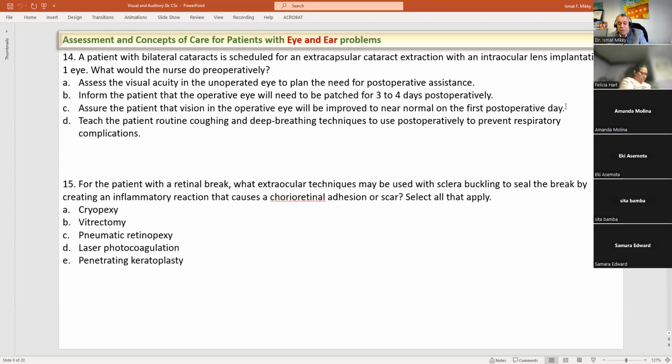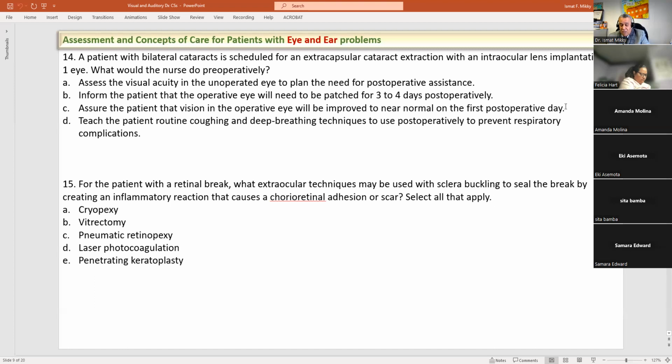The patch, if used, is usually removed within 24 hours, and the activities thought to increase the IOP, such as bending, coughing, and lifting, are frequently restricted post-operatively.